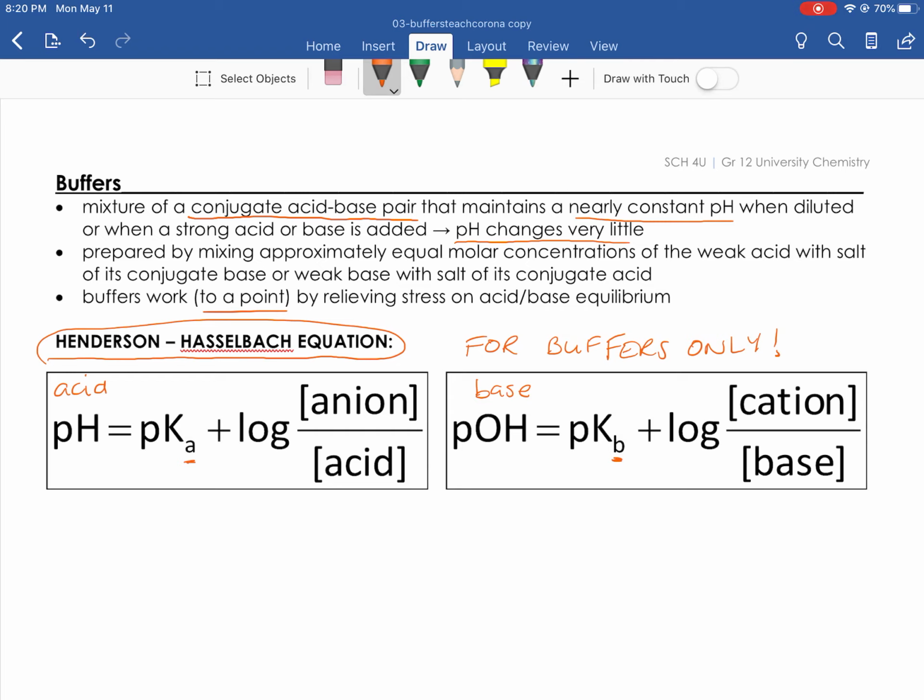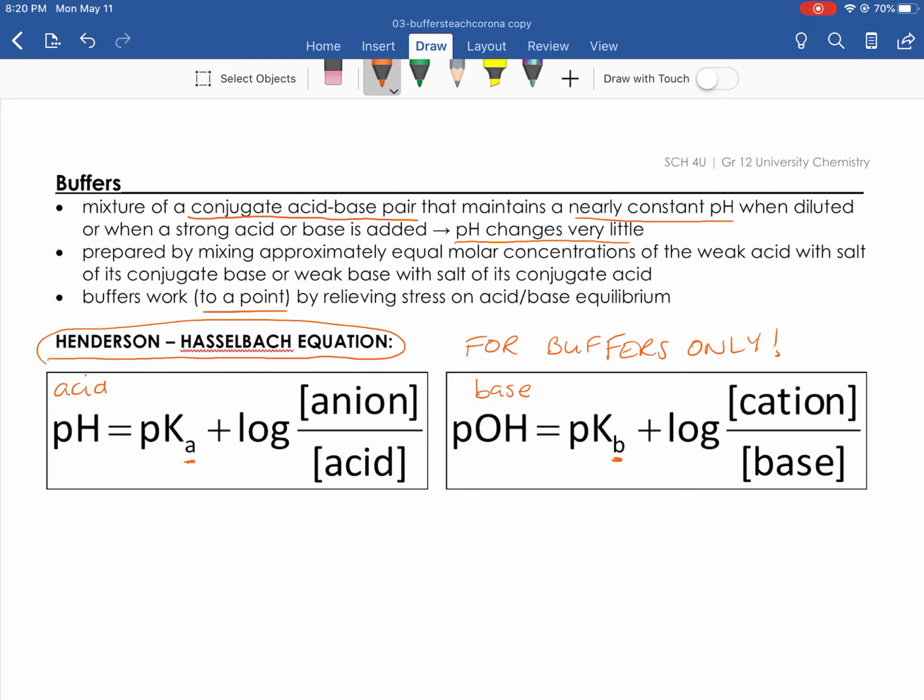In the note about strength, it talked about that the conjugate pair of a very strong acid or base is useless as a proton donor or acceptor. So if you want the buffer to be able to take care of stresses, then you don't want to have a conjugate that's not going to do anything.